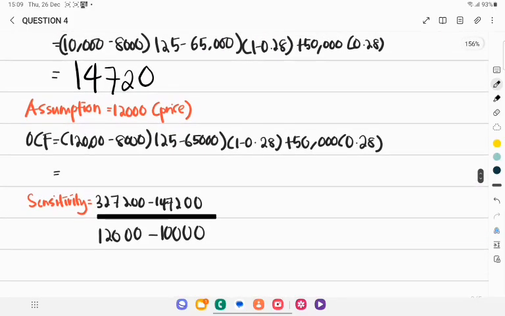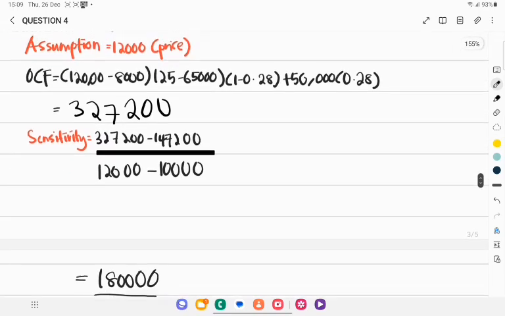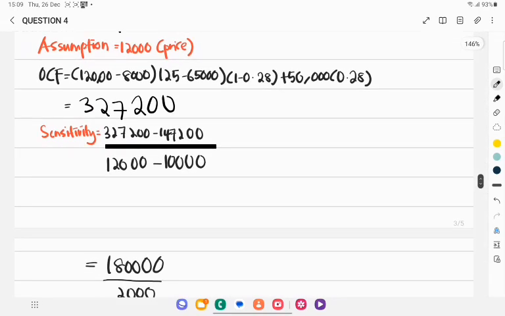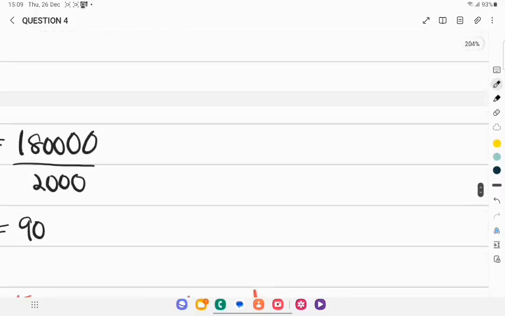So the answer for this is 327,200. Next, we move to the sensitivity. So for the sensitivity, the calculation is 327,200 minus 147,200 divide by 12,000 minus 10,000.